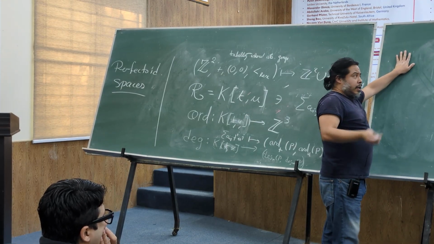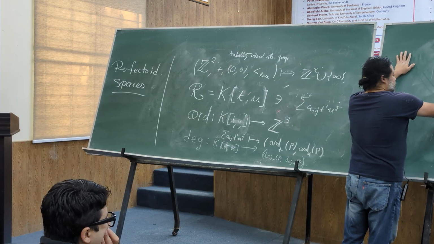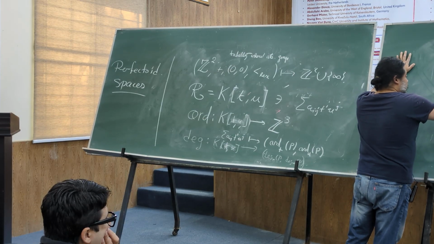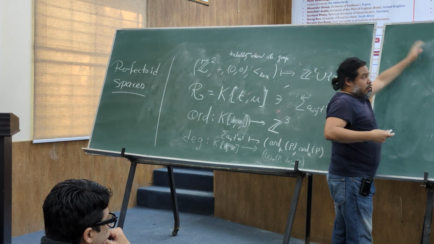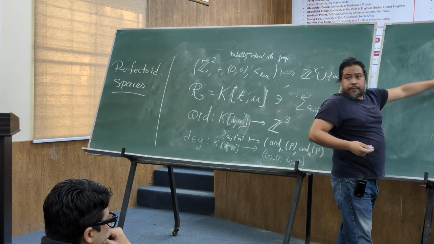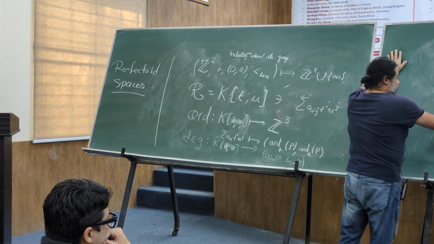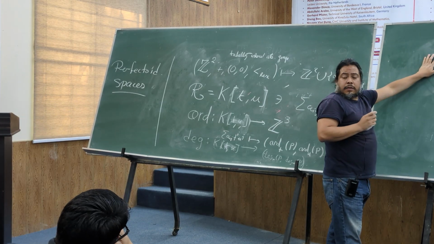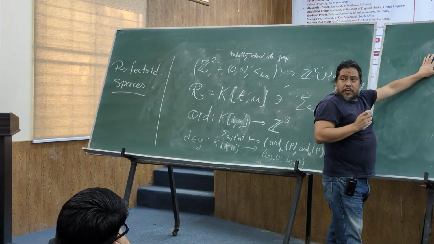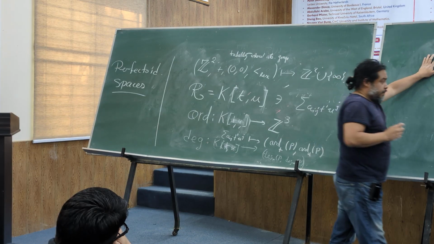So you agree that the degree of the polynomial 1 is 0, right? It has no x, it's a constant polynomial. Yes. The degree of the product of two polynomials is what? The sum of the degrees of each one.